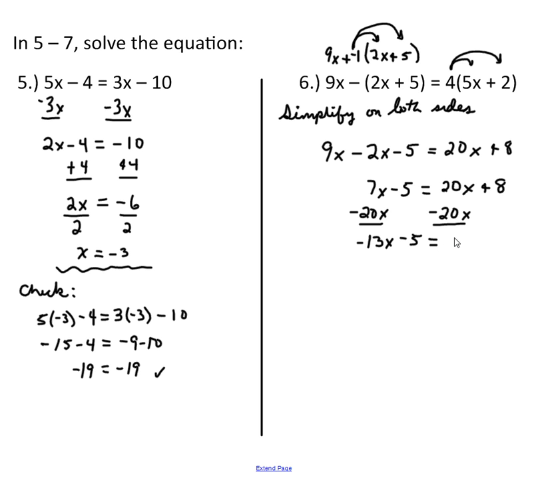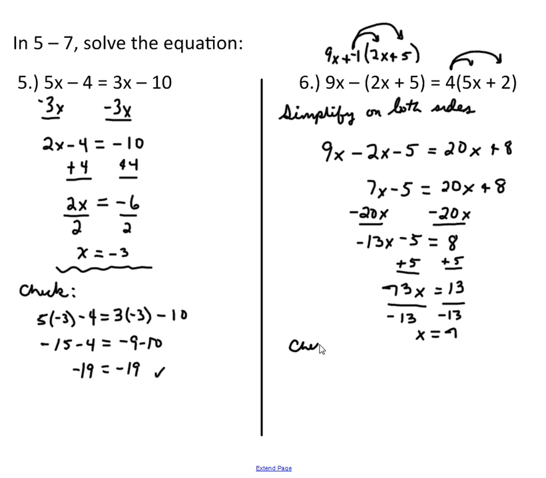That goes away, giving us positive 8 on the right-hand side. So now we're going to add 5 to both sides to gather our constants. That gives us negative 13x equals positive 13. So finally, to isolate x, we are going to need to divide both sides by negative 13, both on the left and on the right. And we can see that the result of doing so is to give us negative 1.